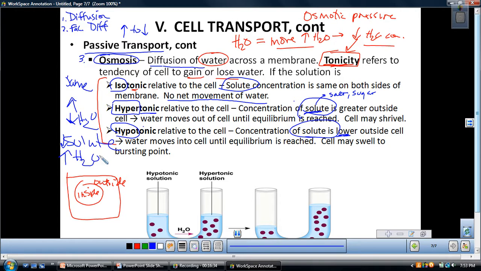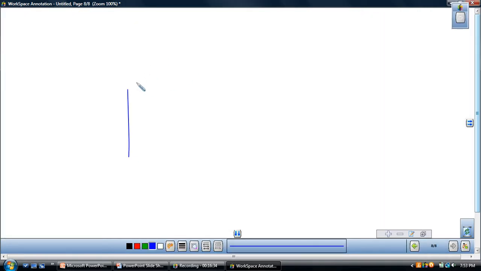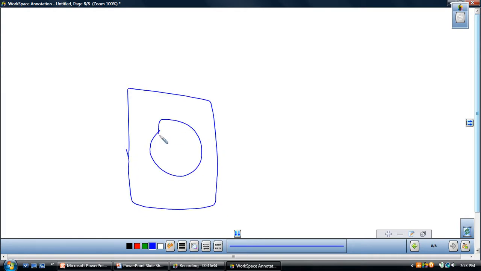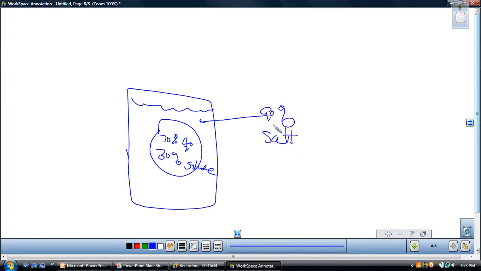So just to give you an example, I'm going to draw a beaker right here, and I'm going to drop a cell in the beaker. If I told you that inside of the cell was 70% H2O and 30% solute, and I dropped it into this beaker that has a 90% saltwater solution, well, 90% salt means it's only about 10% H2O.